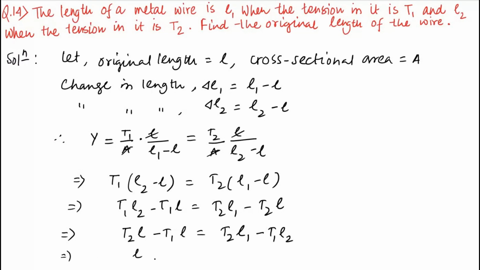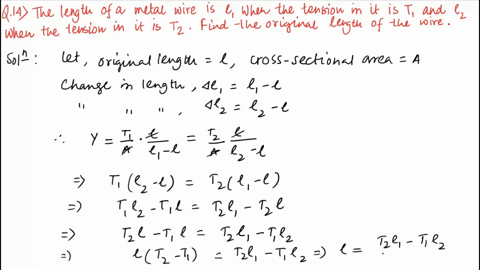Take L as common, so L would be (T2 L1 minus T1 L2) divided by (T2 minus T1). So this is our answer, the original length of the wire.